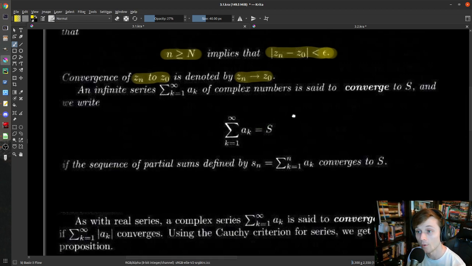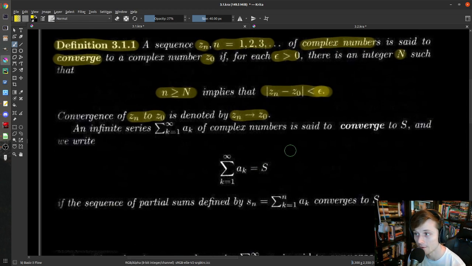Naturally, we can use this notion of convergence to build for ourselves a notion of convergence for infinite series. So an infinite series of complex numbers converges when the sequence of partial sums converges.